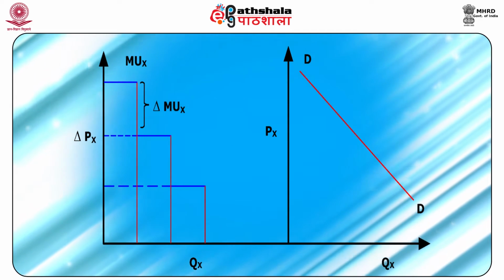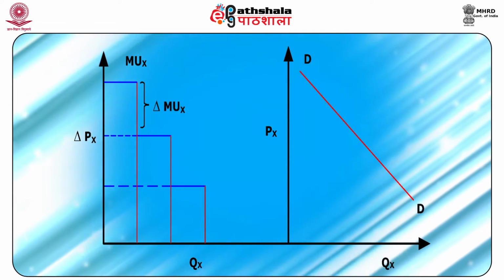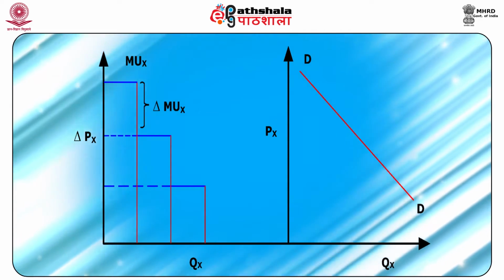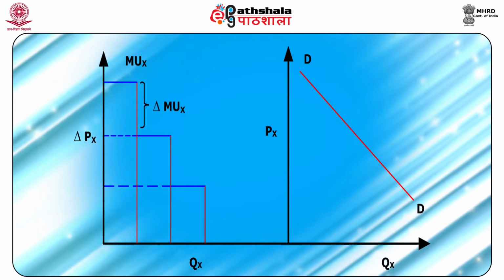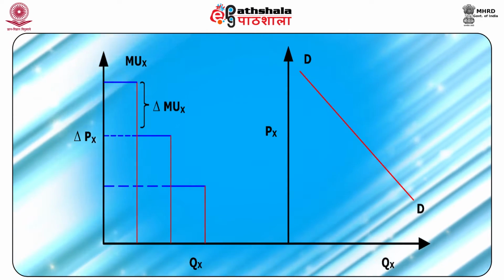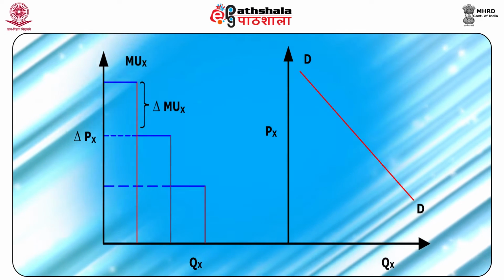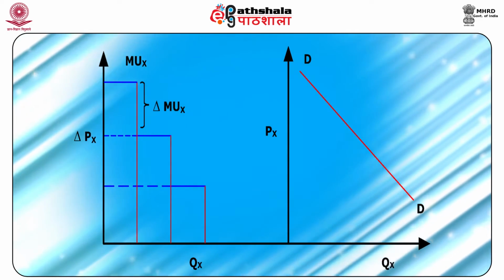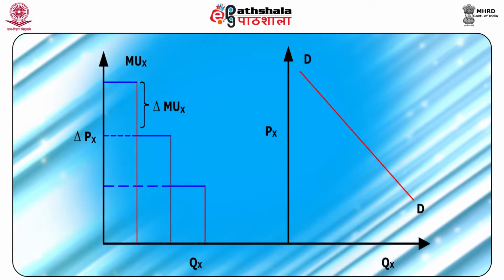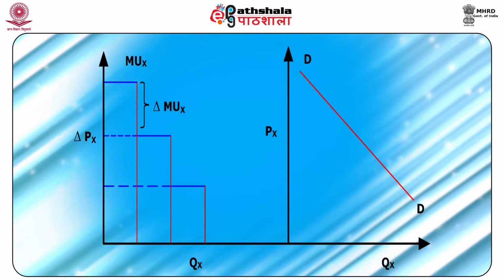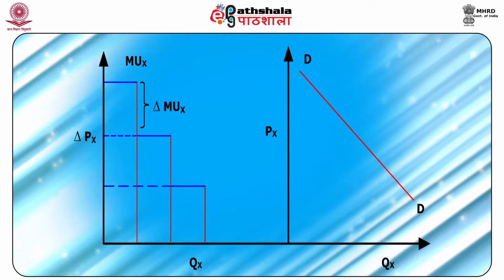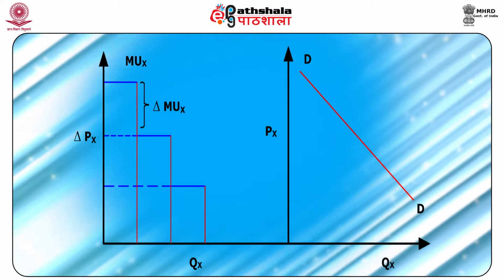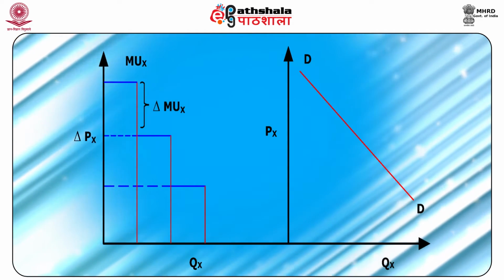Parallelly, if you look at the second part of the diagram, then you would see that we have price on the y-axis and we have quantity demanded on the x-axis. In the case of the utility function, it is consumption. In the case of the demand function, it is actually quantity demanded.